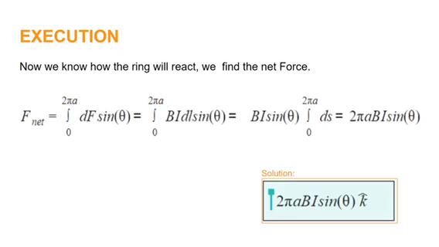Now we know how the ring will behave in this context. We only have to substitute and take the constant values outside. Finally, we compute a trivial integral that goes from 0 to 2 pi a, and we obtain our solution, which obviously is in the z-axis.